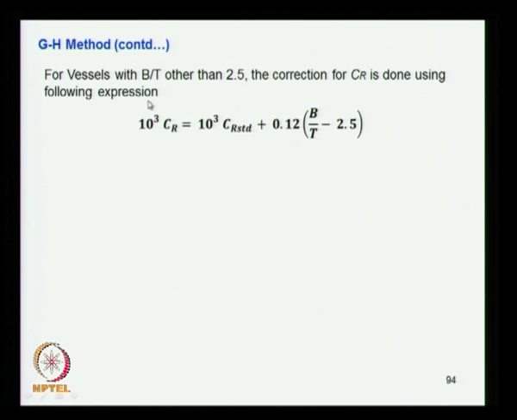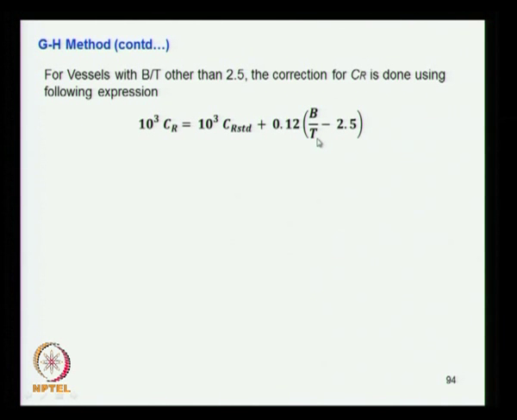So here you can see the B by T correction: 10 cube Cr is equal to 10 cube Cr standard, that is the one which you have seen before, plus 0.12 into (B by T minus 2.5). Which implies that if B by T is less than 2.5, then it can be negative. If it is more than 2.5, then you have to add.